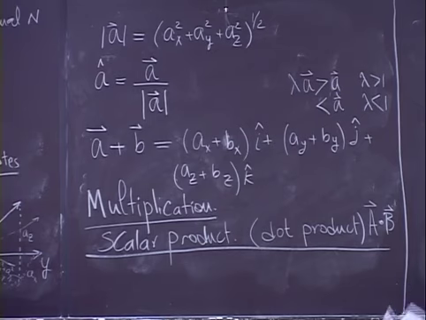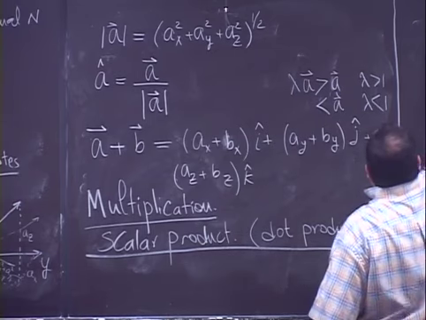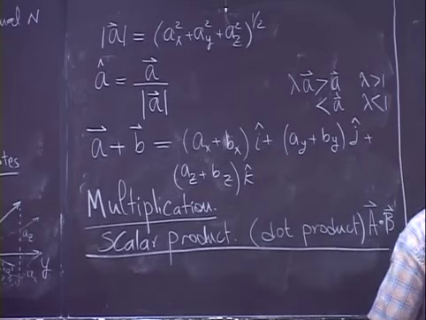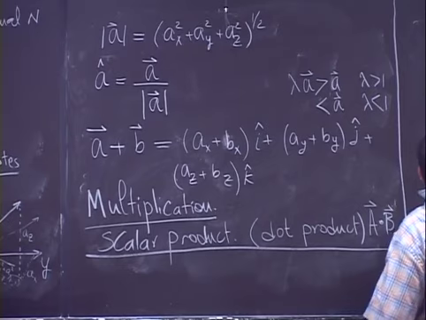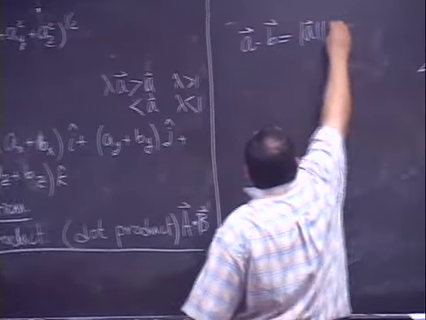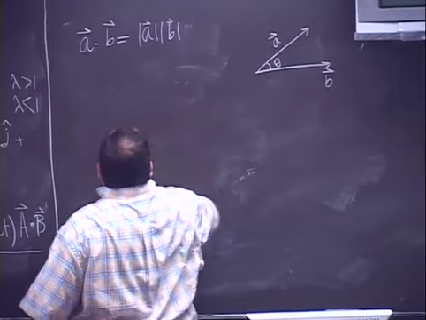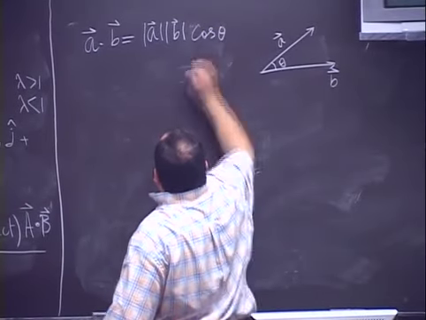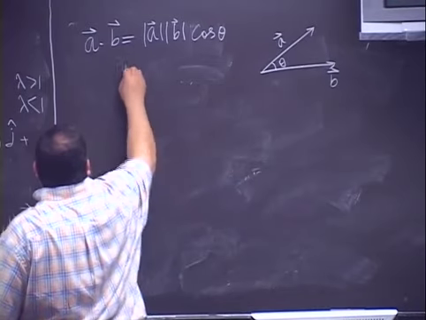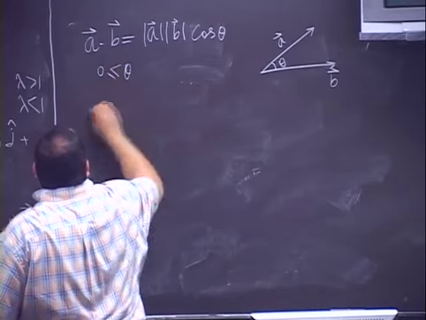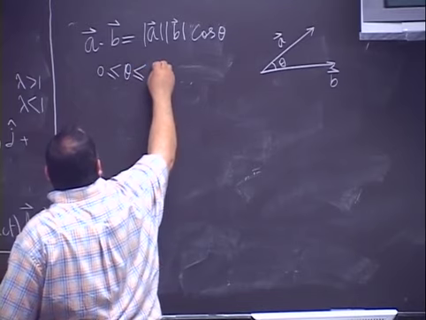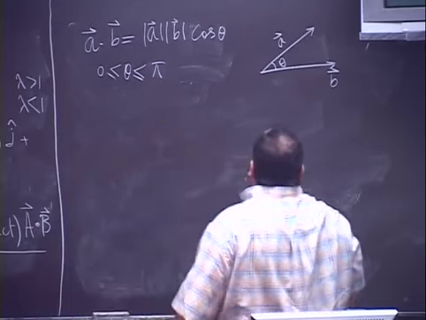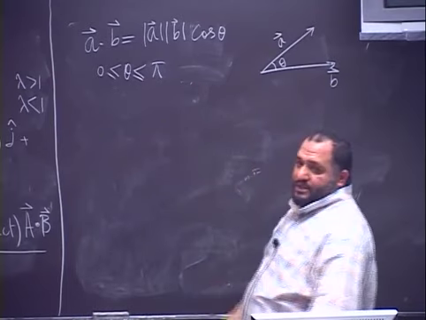To do the vector multiplication, A dot B is nothing more than the amplitude of vector A multiplied by the amplitude of vector B multiplied by the cosine of the angle theta, where theta should be anywhere between 0 and 180 degrees.